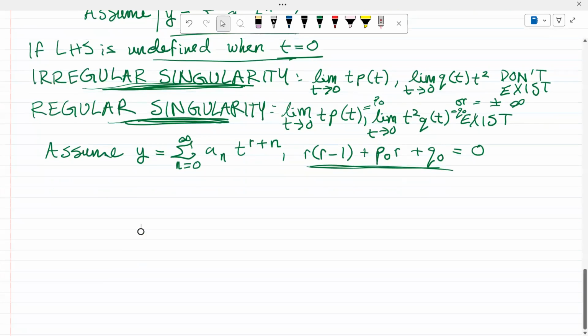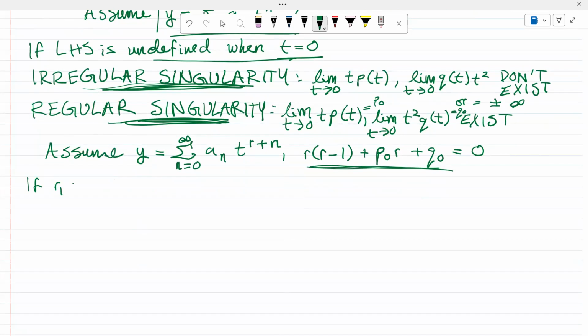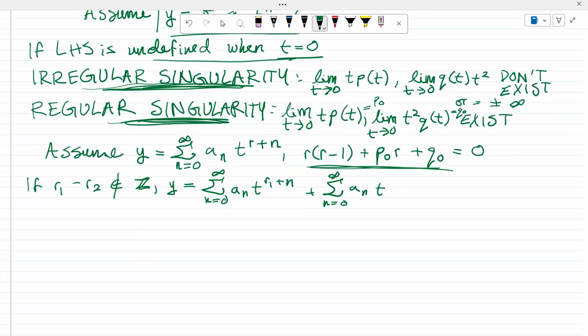So there are 3 more cases we need to look for. So if r1 minus r2 is not in the integer set, then we say that our general solution is exactly what you'd expect: the series a n t to the r1 plus n plus the series from n equals 0 to infinity a n t to the r2 plus n.